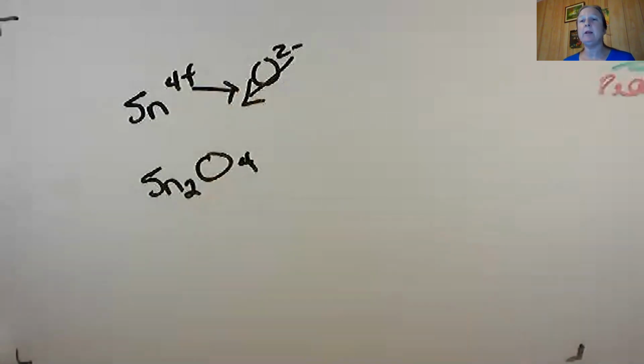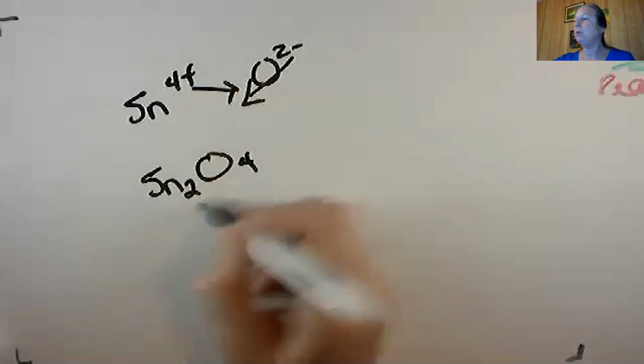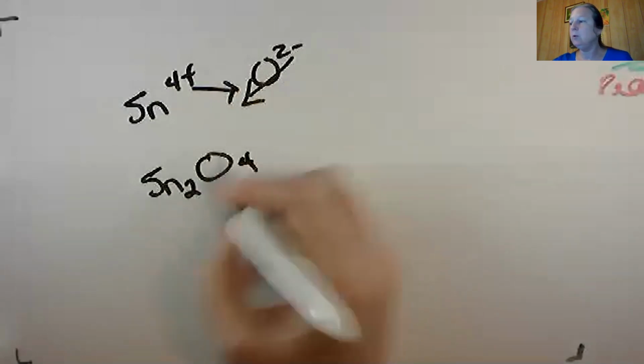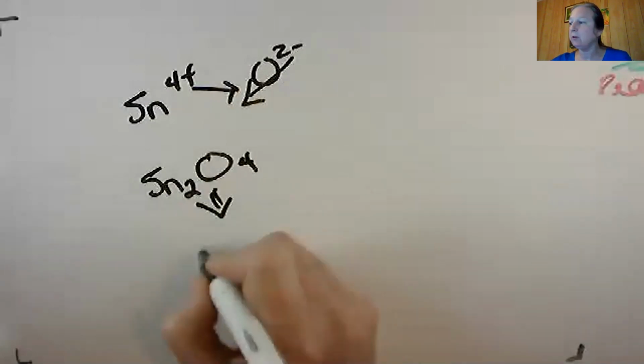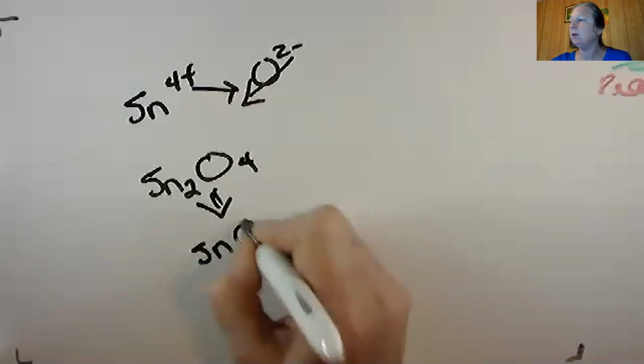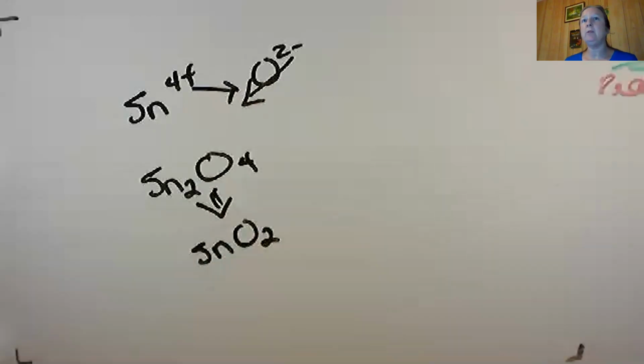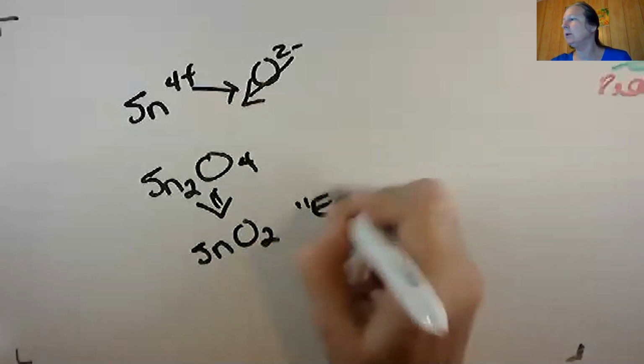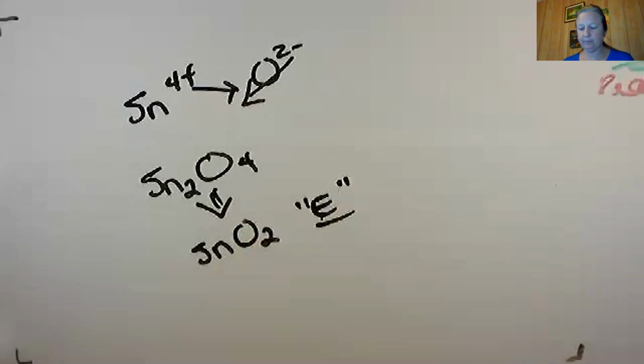However, this can be broken down further, can't it? 2 and 4 can be divided by 2. That's generally going to be your rule. So we're not done. You have to reduce this to the simplest form. And so that is your answer. And that is E on the slide. Answer E.